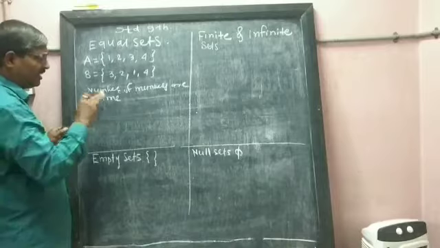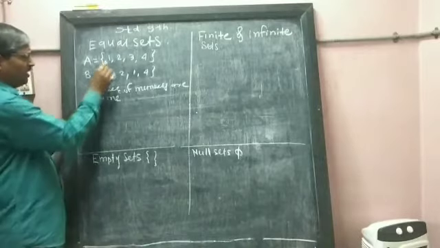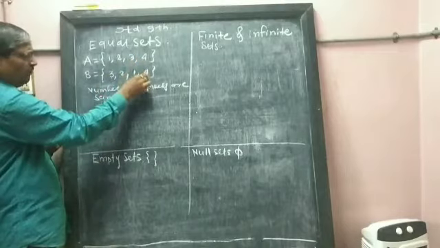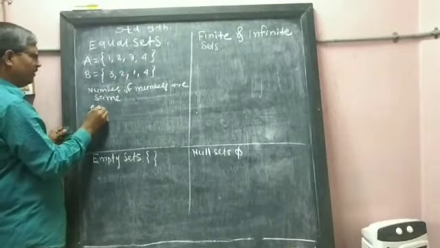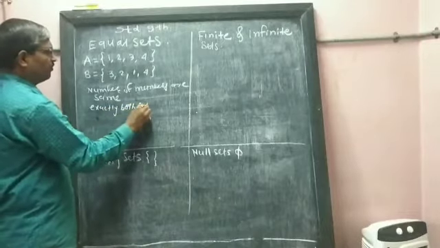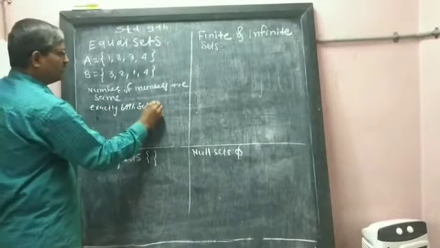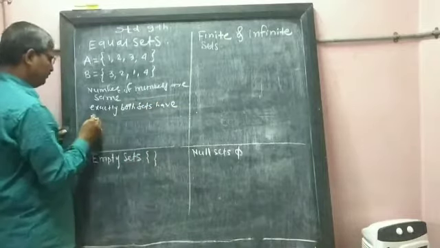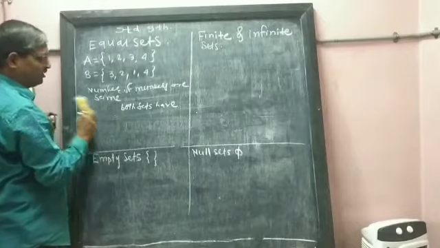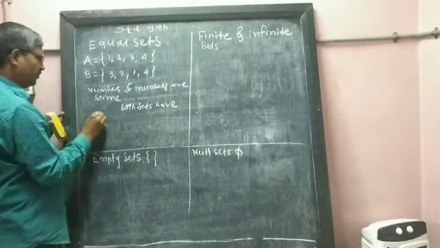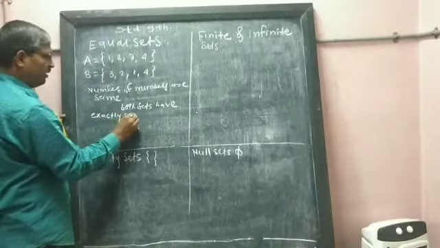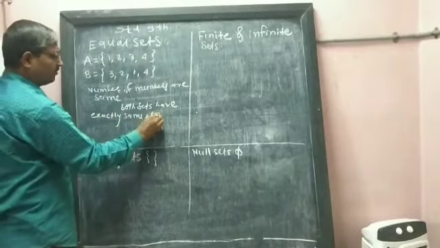Now whether these elements are exactly equal or not, check. Here is 1, here is 1, 2, 2, 3, 3, 4, 4. Exactly both sets have exactly the same elements.